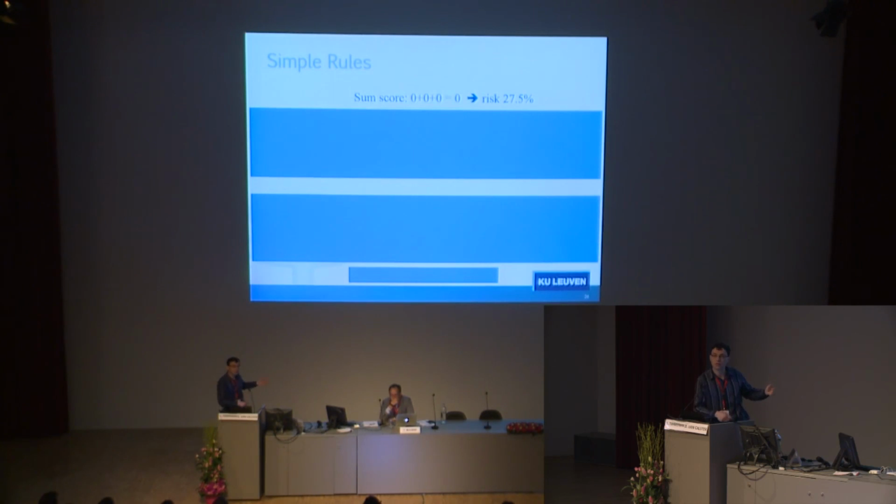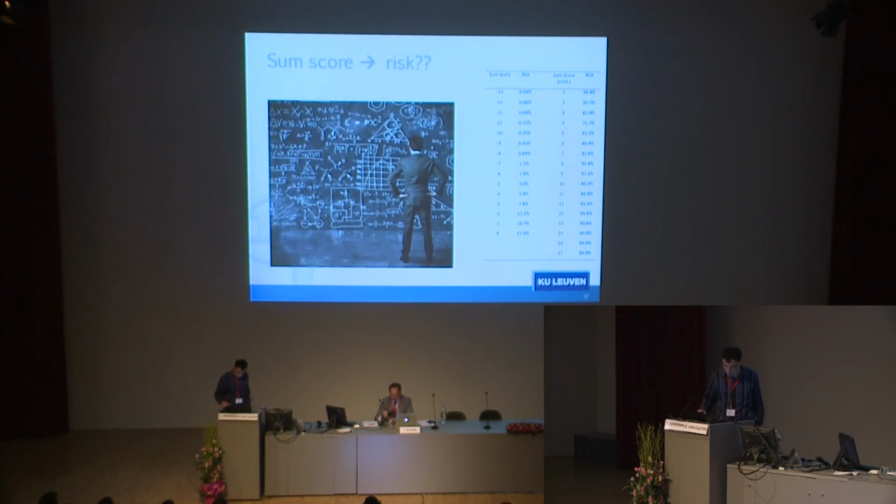Now, if nothing applies, so we have many patients where, in fact, none of the features apply, and also, if they are examined at another type of center than an oncology center, then your score is 0 + 0 + 0. And that corresponds to a risk of around 28%. So that's the general idea.